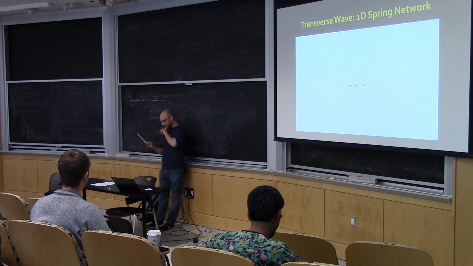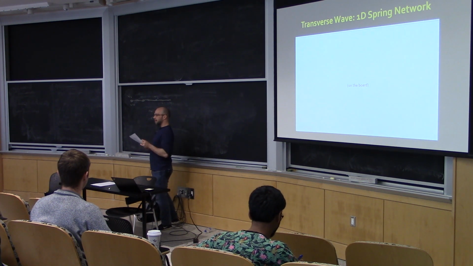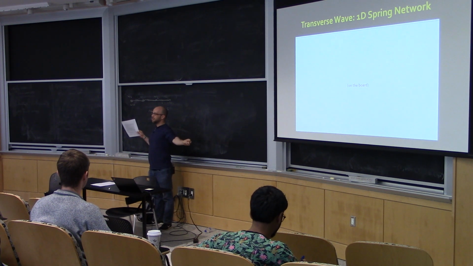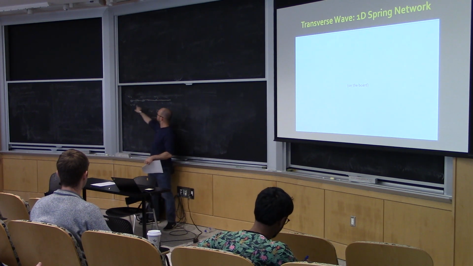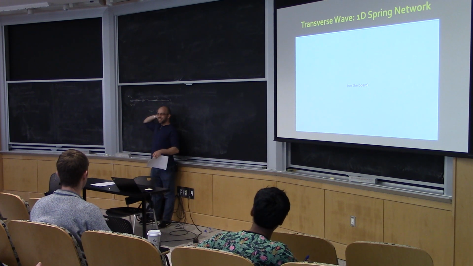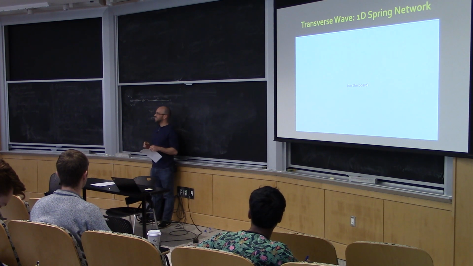Cool? Okay, so let's say that I have a bunch of springs, and the spring rest length is 0. So the spring wants to just be as tight as possible. Then this equilibrium here is only by virtue of being attached to these two endpoints. Yeah? So since it's all a bunch of copies of the same spring, these points, if the system were resting, would be all evenly spaced.